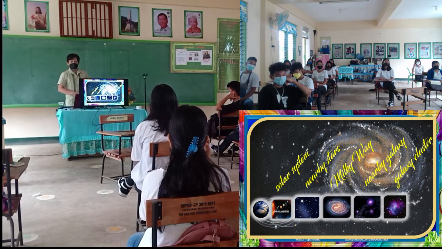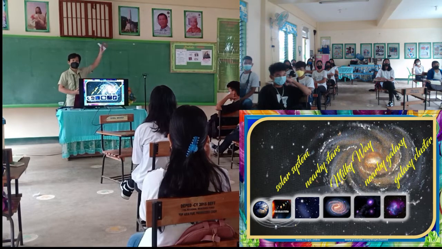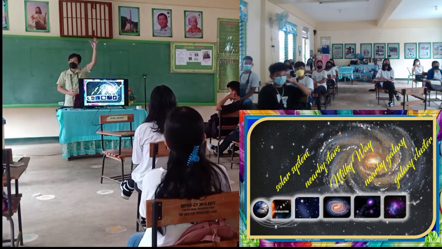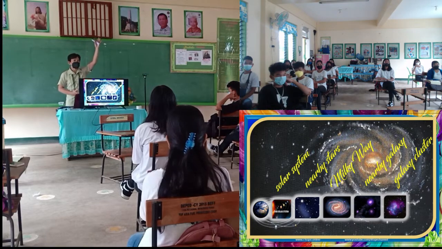So, we cannot imagine how vast our universe is by just looking up and counting the stars, because beyond the expanse of space above, there are still lots of stars whose brightness has not reached our Earth.